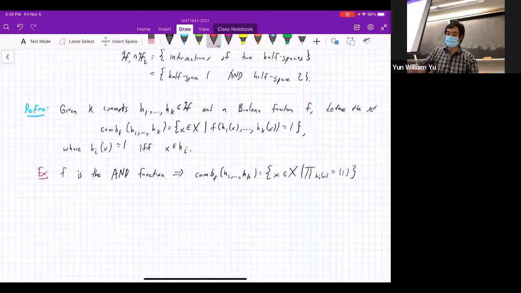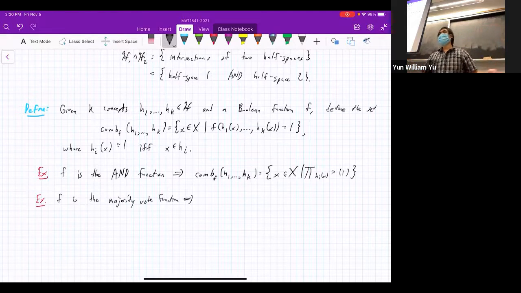And as another example, f is the majority vote function, by which we mean that f is true so long as at least half of the other statements are true.